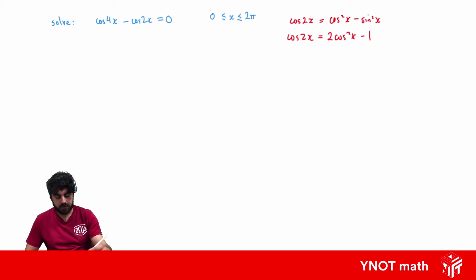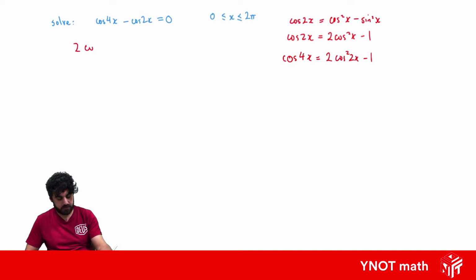So you notice in the double angle, as long as you have a value x and double it to 2x, it'll hold true. So this means that cos of 4x would be the same as 2 cos squared of 2x minus 1. And we're going to go ahead and sub that in for cos 4x.